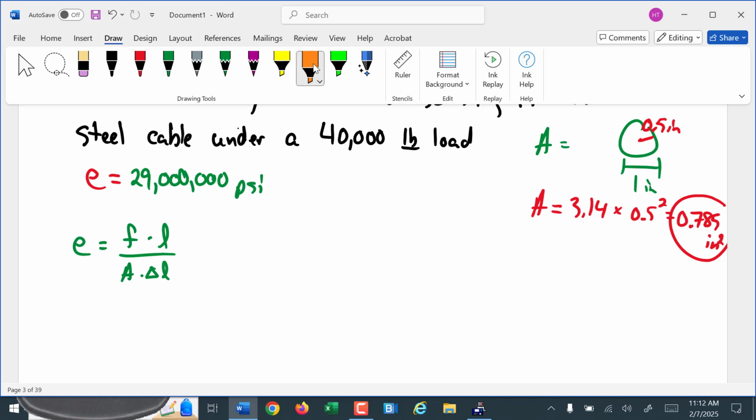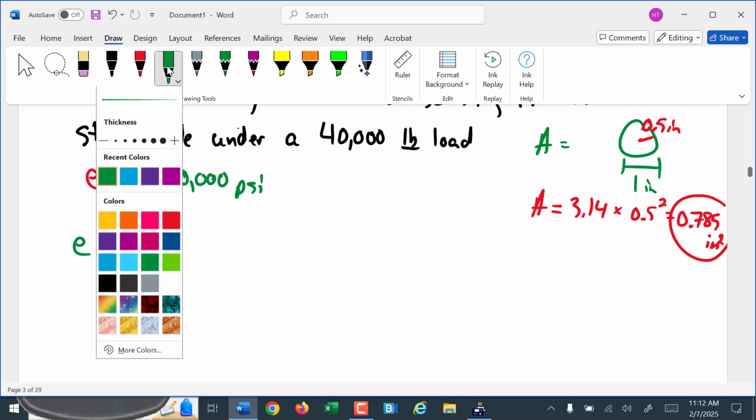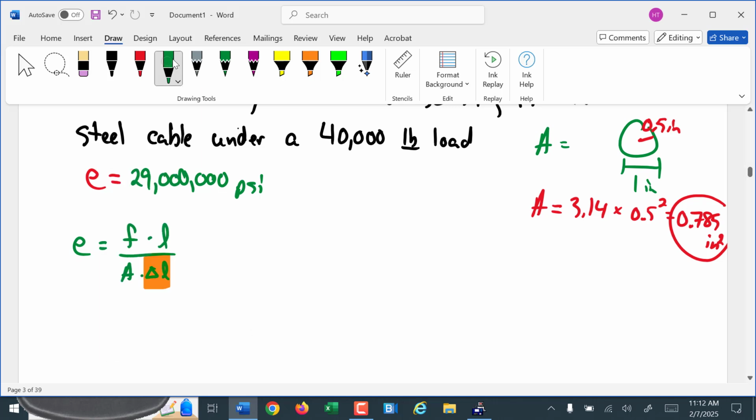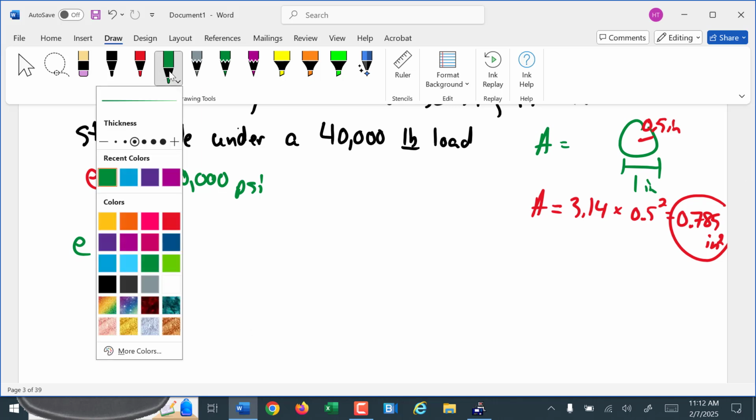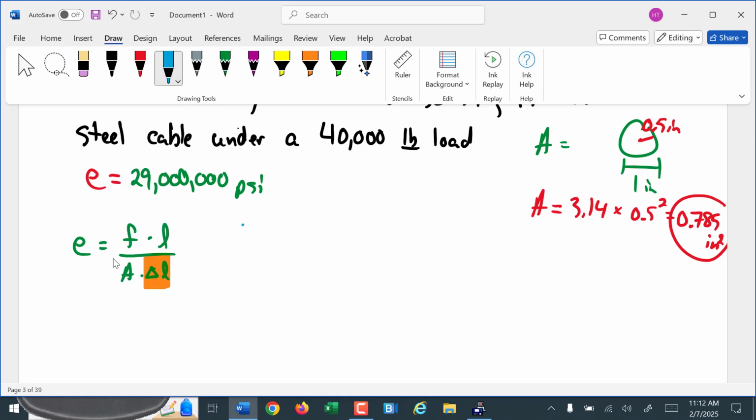Now we're trying to find the change in length. So the formula just adjusts a little bit. The change in length is the load times the length of the cable over the area times the elastic modulus.